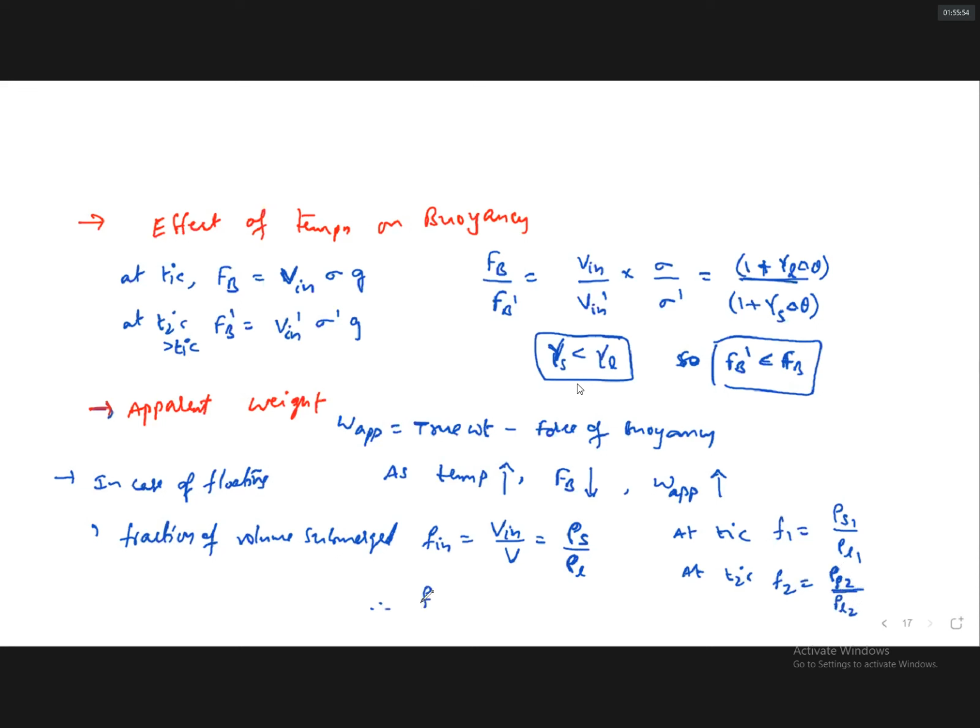Therefore, the ratio of the fractions of volume submerged at T1 and T2 degrees Celsius is 1 plus gamma S into delta theta by 1 plus gamma L into delta theta.